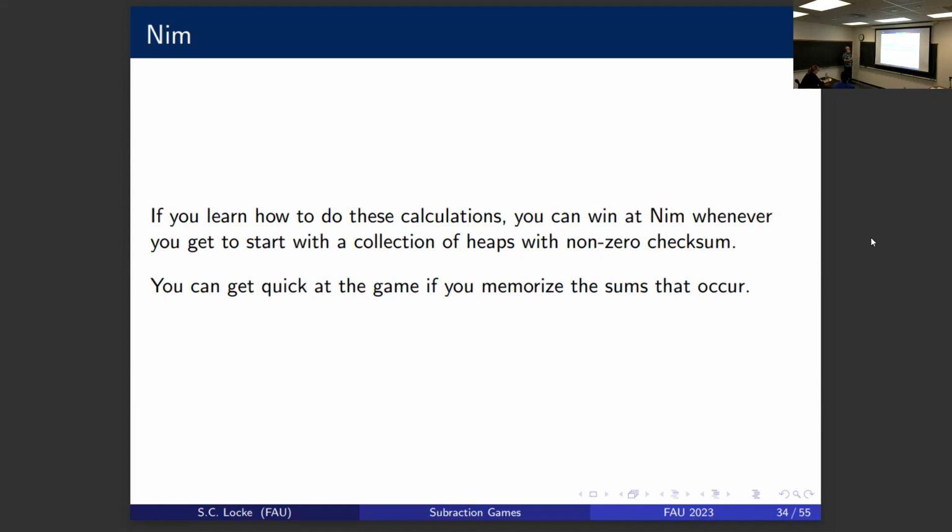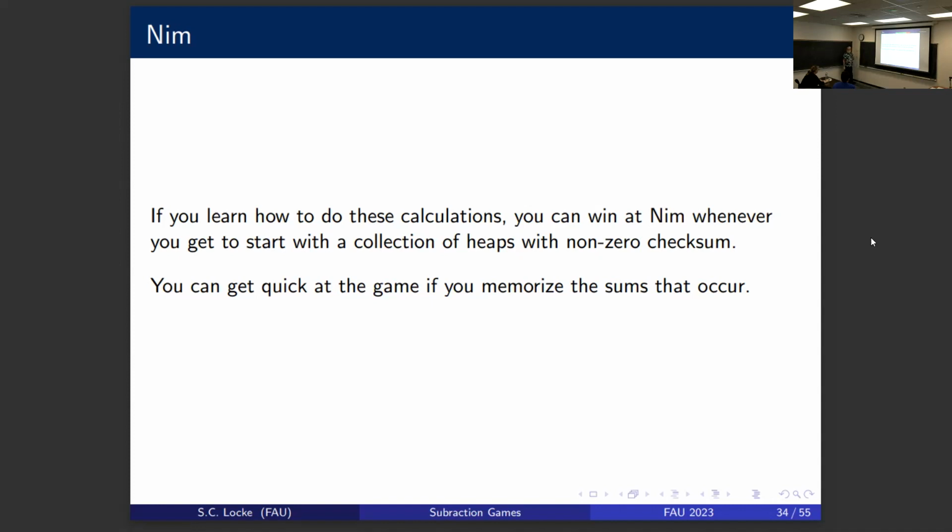Okay, how do you actually add these things fairly quickly? Because you don't really want to spend time writing down 3 is this, and 5 is this, and 1 is 0, 0, 1, and 7 is 1, 1, 1, and then doing the addition.